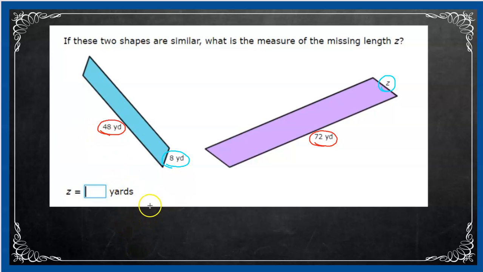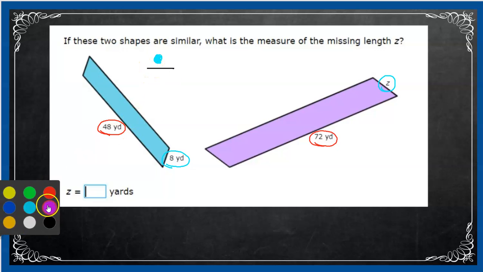Here's where we have to be careful. Just like with the word problems that we just did, we have to make sure that we go from teal to purple, teal to purple. Okay, so I'm just going to make a note to myself. I want my numerators to be the teal, and my denominators will be the purple.